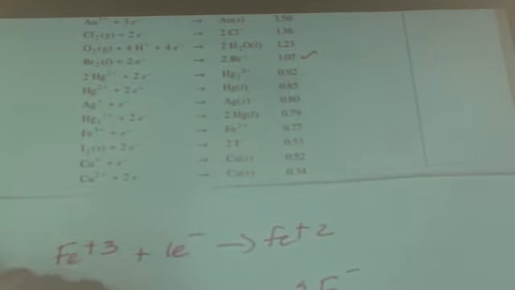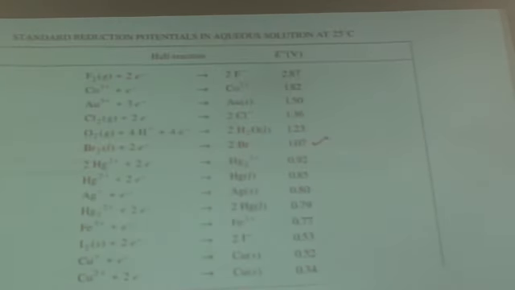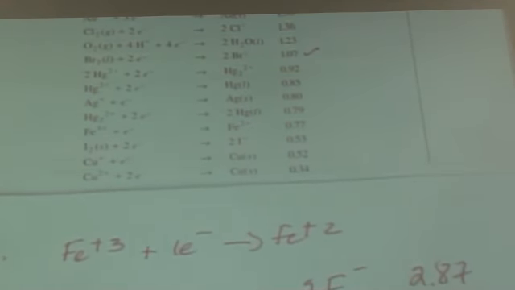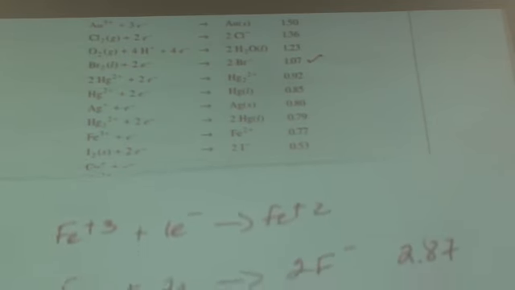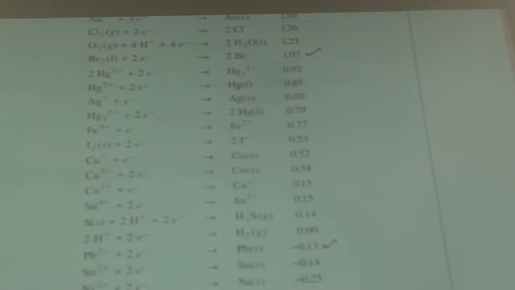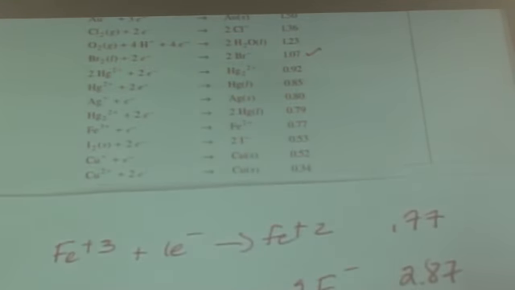Iron. And then which one will be reduced? Magnesium. Yep, that is true. Did you see how we did that? All we did was rank them in terms of their standard reduction potential. So 2.87, and what's the iron? 0.77, and then magnesium was way down here somewhere. Negative 2.37. Thank you, negative 2.37.